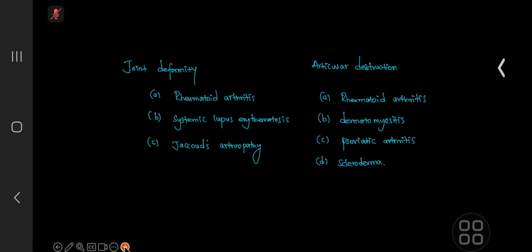So next is joint deformity. If there is any joint deformity, you have to think of rheumatoid arthritis, SLE, and Charcot's arthropathy. If there is articular destruction, it's very classic for rheumatoid, dermatomyositis, psoriatic arthritis, and scleroderma. So these are classic examples for joint deformity versus articular destruction.